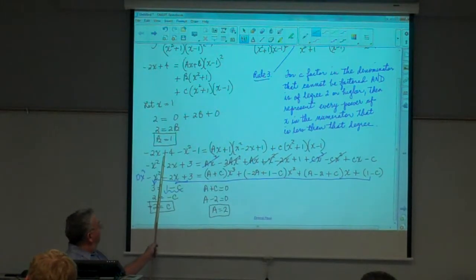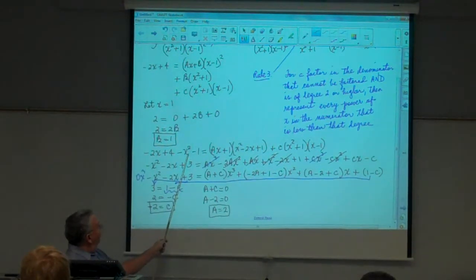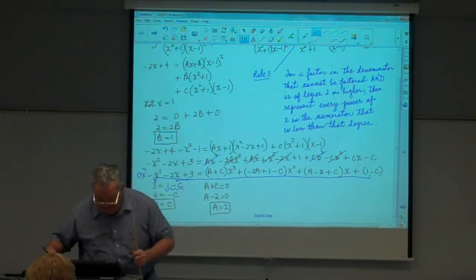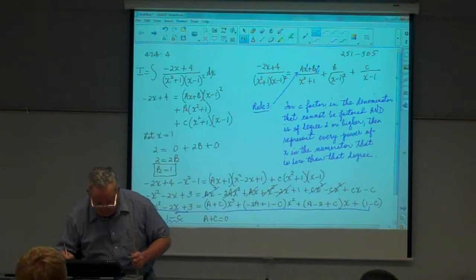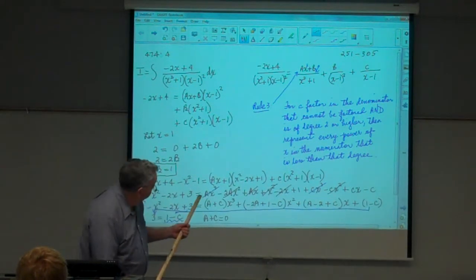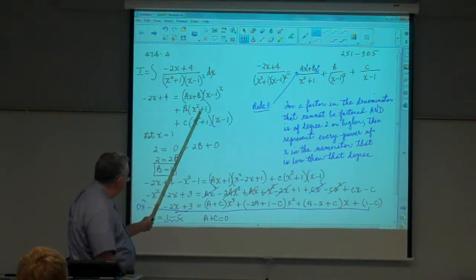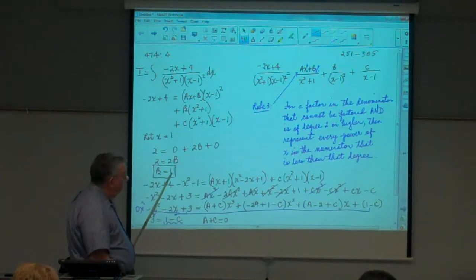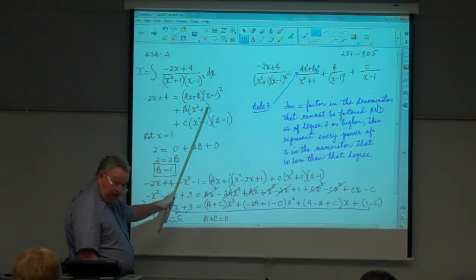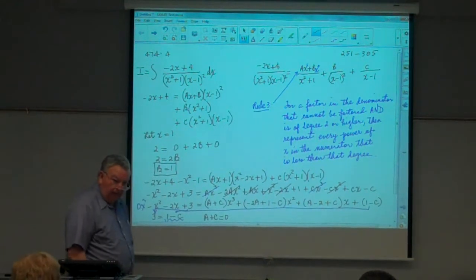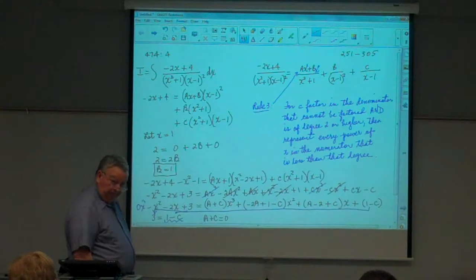What I did is, I said, this was b times x squared plus 1, but I knew b was 1. So didn't that have just x squared plus 1? Yeah. And then I just moved it over to the other side and got it out of my way.